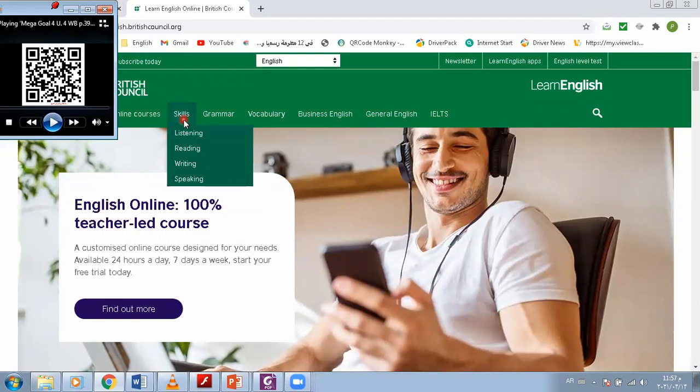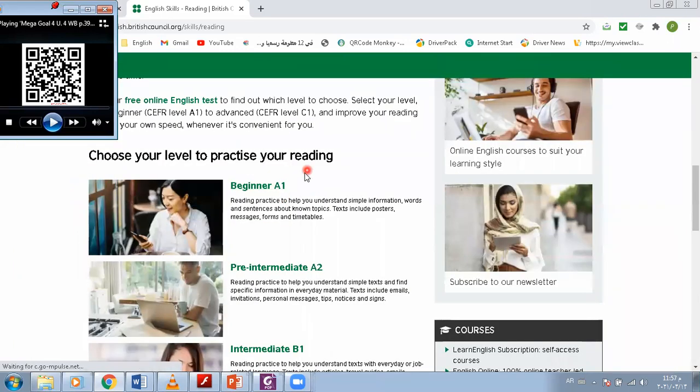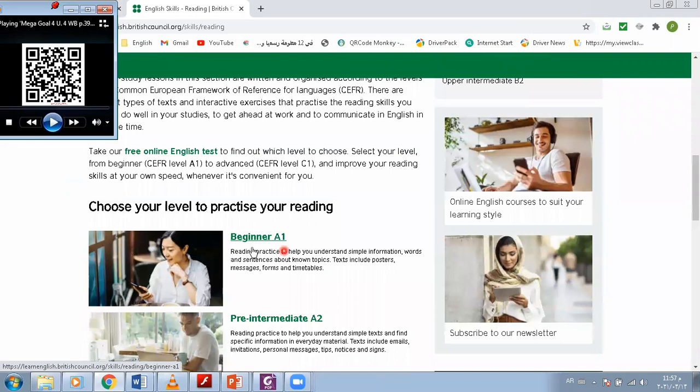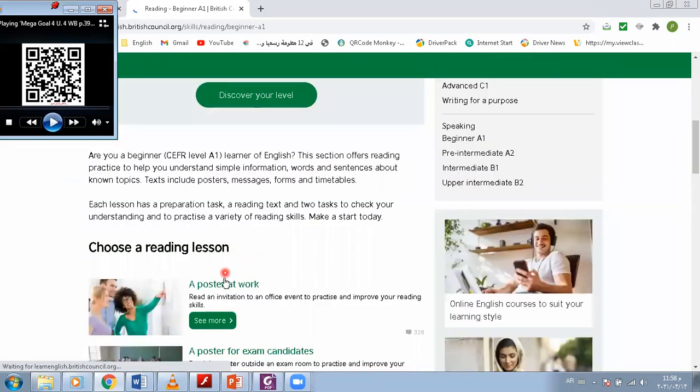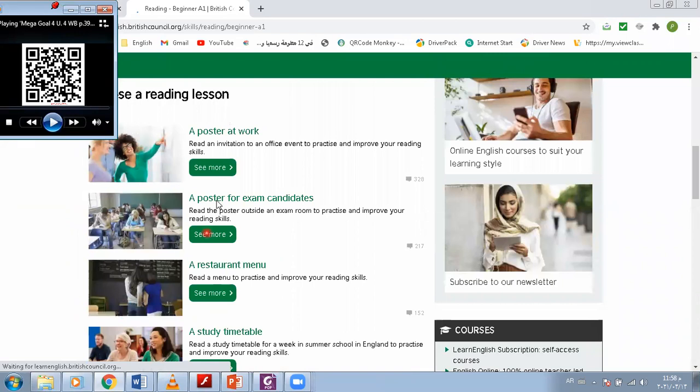If we go to reading skill, we can find more titles. The first one, beginner A1. If we enter here, we can find more topics.